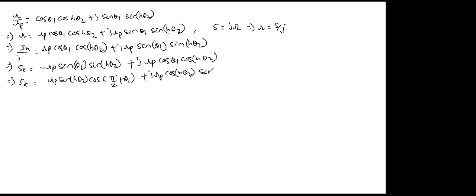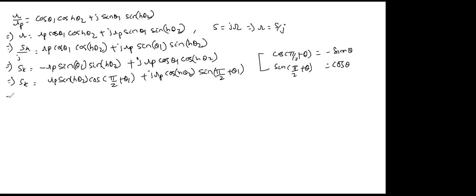Cos theta 1 I can write sin of pi by 2 plus theta 1, because cos of pi by 2 plus theta is minus sin theta and sin of pi by 2 plus theta is cos theta.